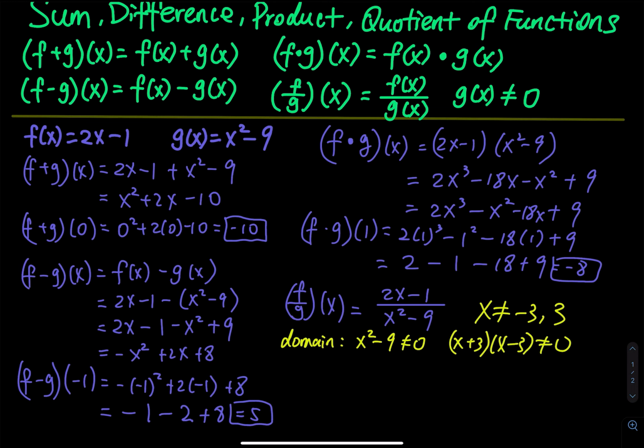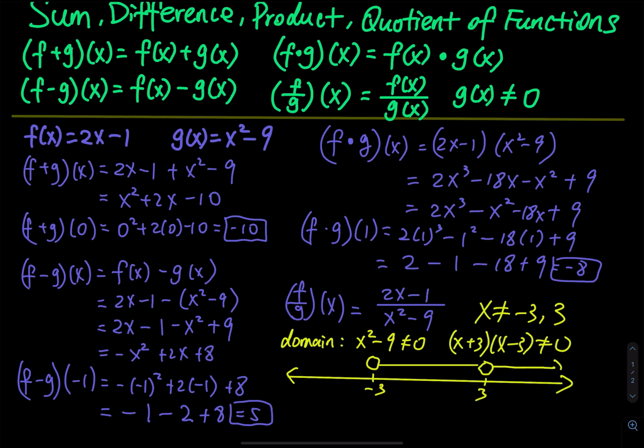All right, and then you draw a number line, take out the negative 3, take out the positive 3. What do I mean by take out? You use an open circle. That means x cannot be equal to these two numbers. So x can be anything else between them, anything else greater than positive 3, or anything else less than negative 3.